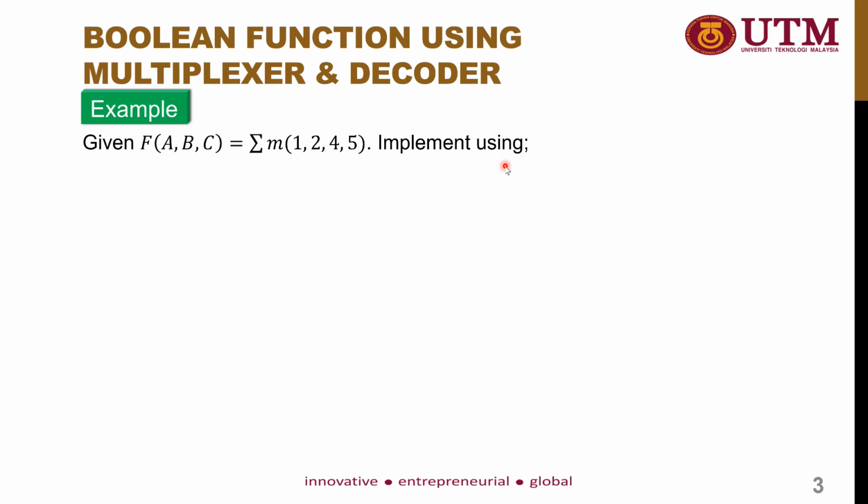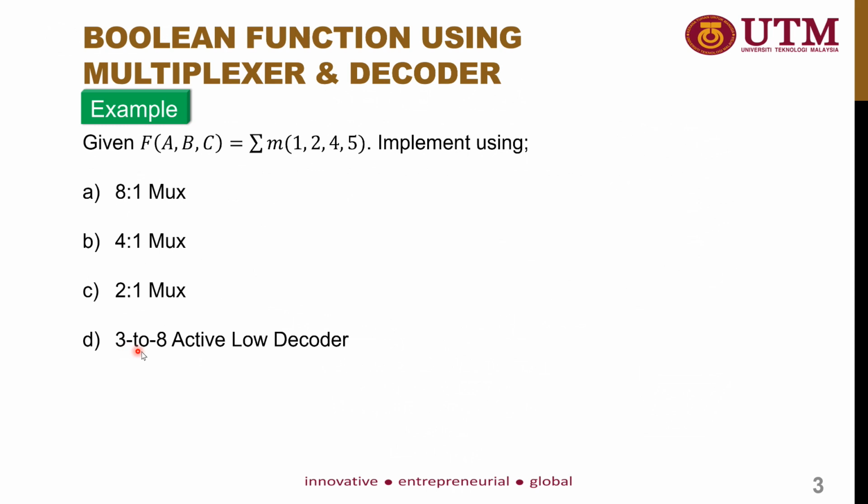Implement using: the first question, an 8 to 1 multiplexer. The second question, a 4 to 1 multiplexer. The third question, a 2 to 1 multiplexer. And the last question, a 3 to 8 active low decoder. So, how to design it? Let's take a look at the next slide.